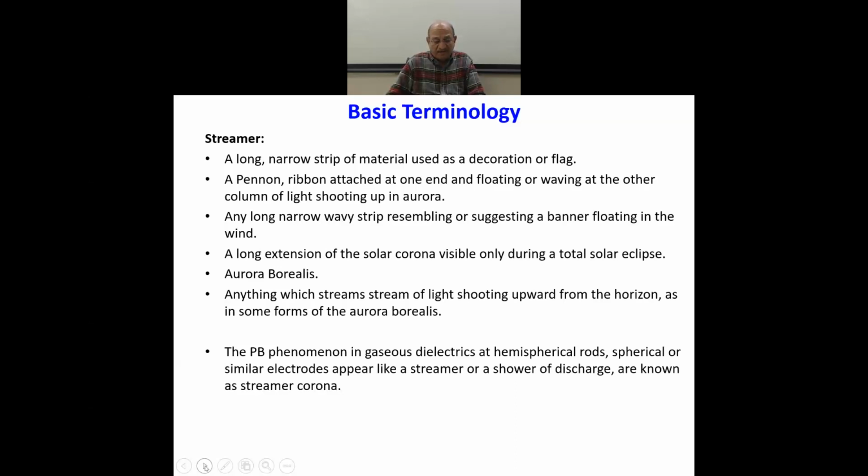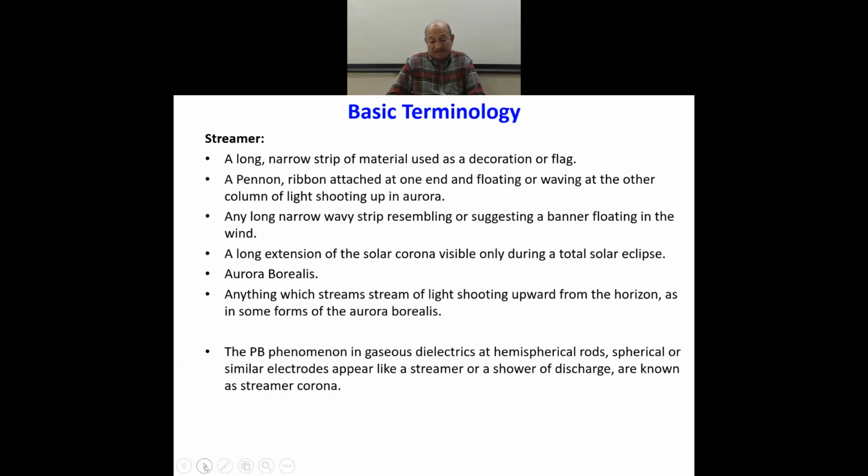In electrical engineering, the partial breakdown phenomenon in gaseous dielectrics at hemispherical rods, because it will have a larger surface, or a spherical shaped electrode or any other similarly shaped electrode, appears like a streamer.